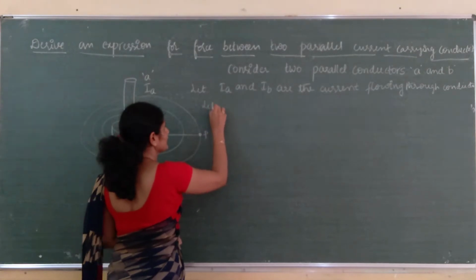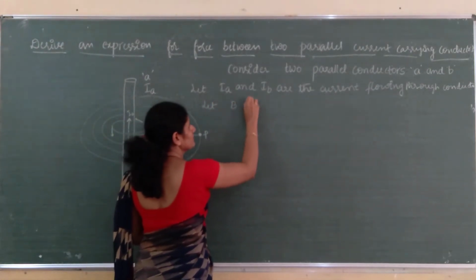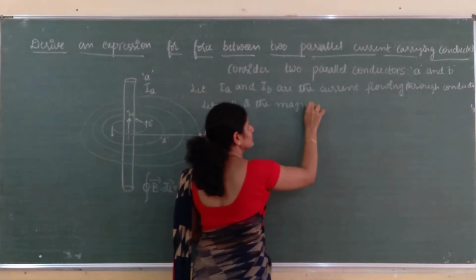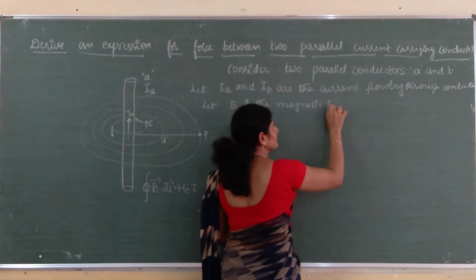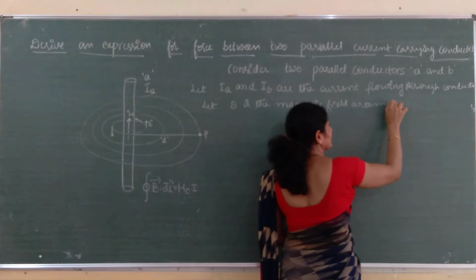Let B be the magnetic field around the space of the conductor.